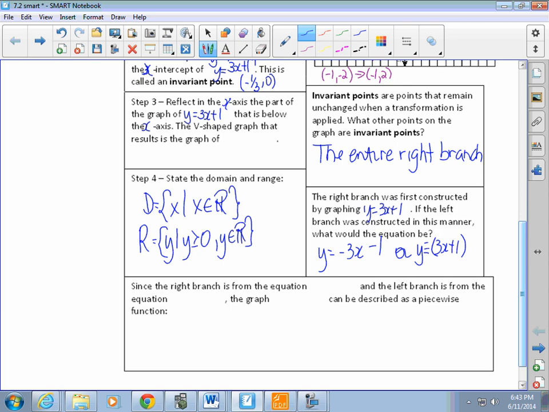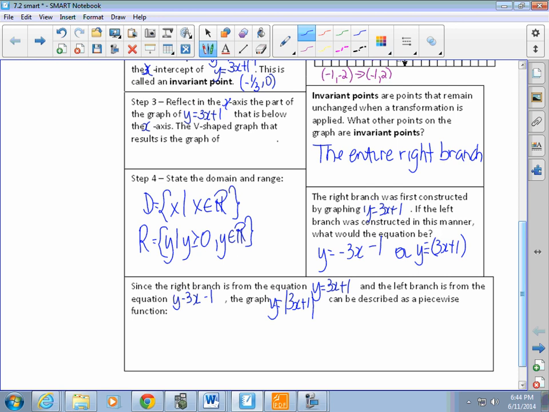Since the right branch is the equation y is equal to 3x plus 1, and the left branch is from the equation y is equal to -3x minus 1, the graph of y is equal to the absolute value of 3x plus 1 can be described as a piecewise function. So we have two parts to the graph.